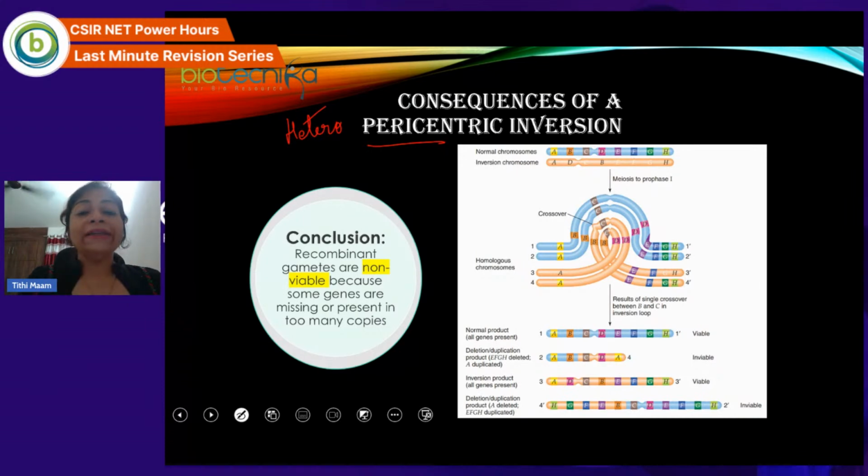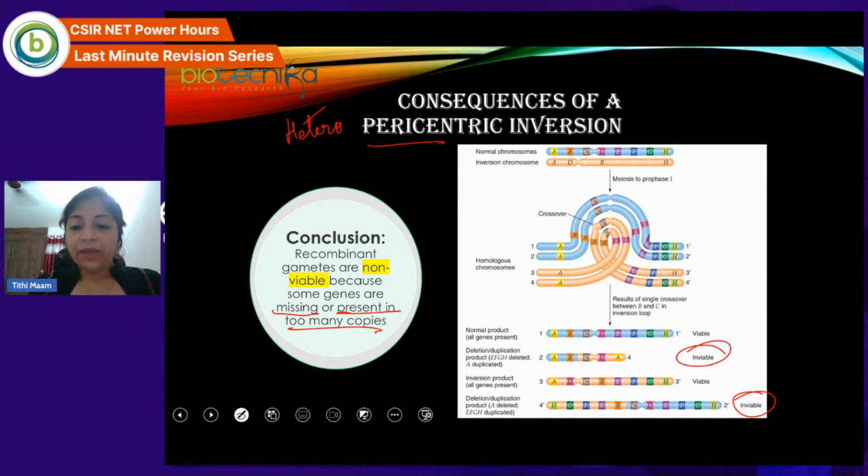Why will the recombinant gametes be non-viable? Because of deletion or duplication of genes. In pericentric inversion, there is no formation of any dicentric bridge and no formation of any acentric chromatid. Only monocentric chromatids will be formed, but it will result in deletion of some genes and duplication of some genes.